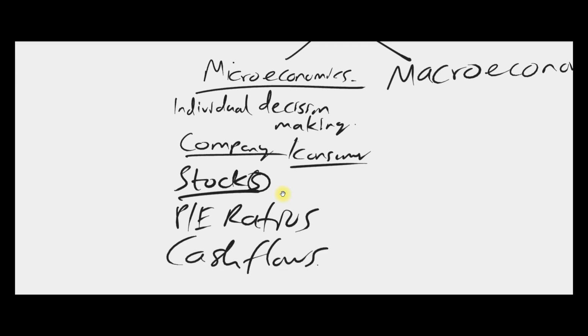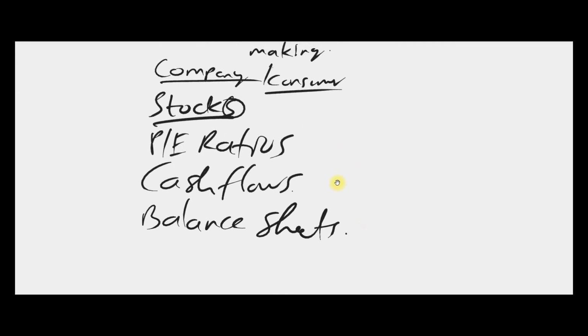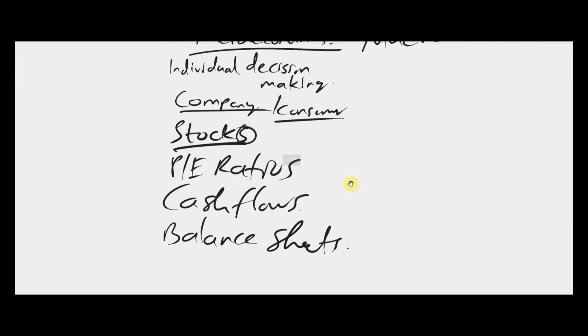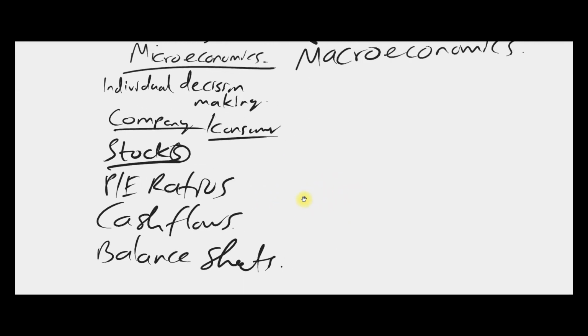Stuff to do with accounting also falls here. What else? Balance sheets. Cash flows, PE ratios, balance sheets, all that talk about valuations. This is mostly under microeconomics when you're analyzing individual companies.